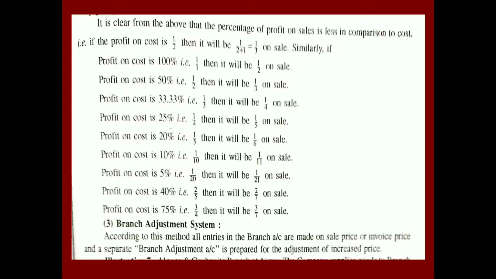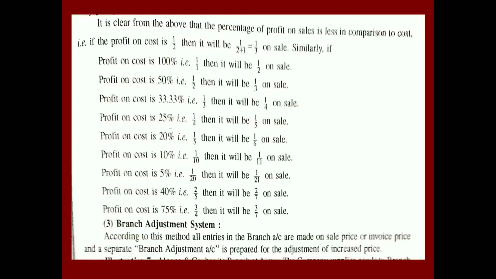Similarly, if profit on cost is 100%, 1/1, then it will be 1/2 on sale. Profit on cost is 50%, that is 1/2, then it will be 1/3 on sale. Profit on cost 33.33%, that is 1/3, then it will be 1/4 on sale.